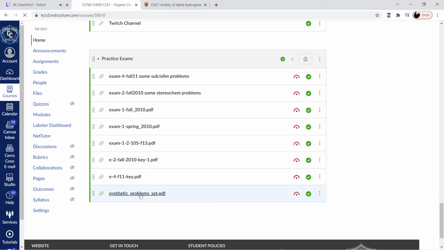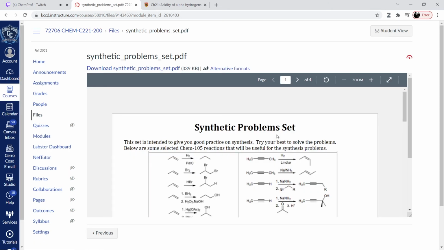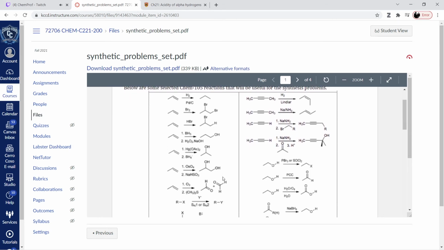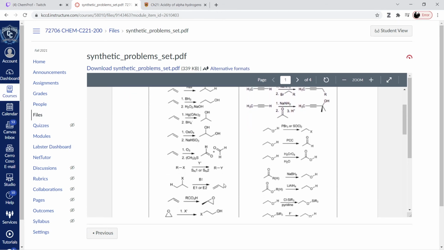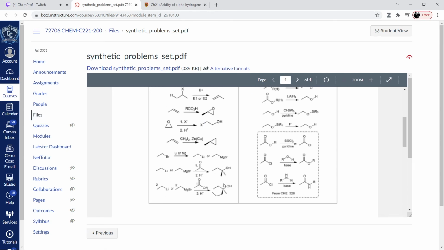Synthetic problem set. Looky here what we've got for you. All of our fun reactions. Here we go. All our lovely reactions are there. We have a couple that we haven't covered, like the Simmons-Smith and the Grignard reagent.